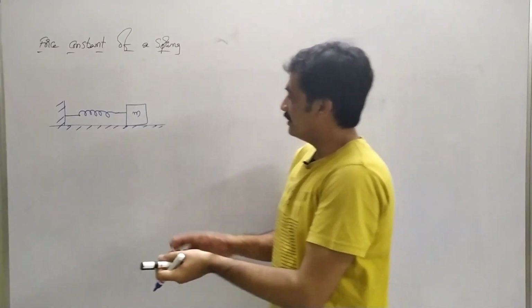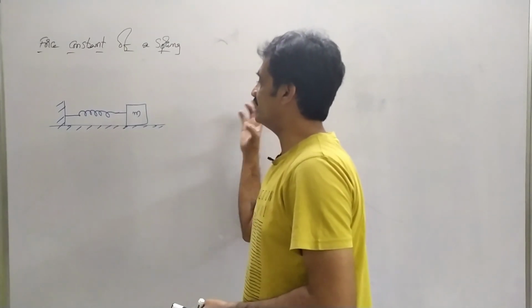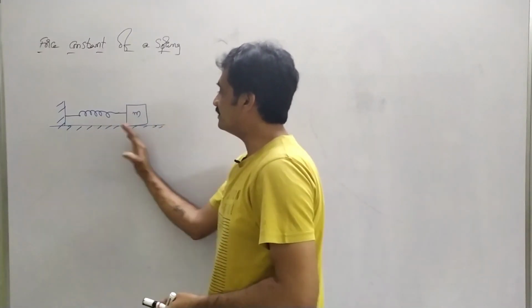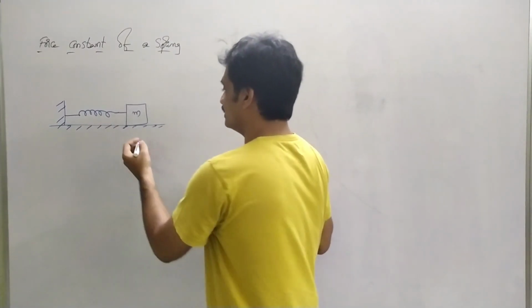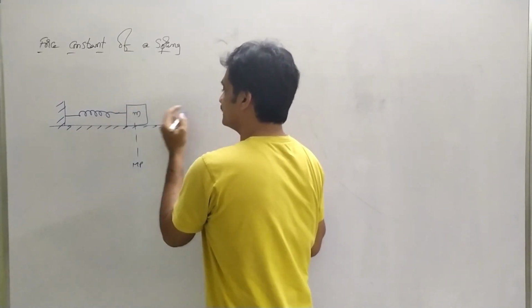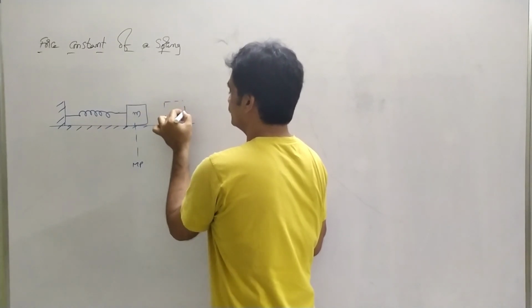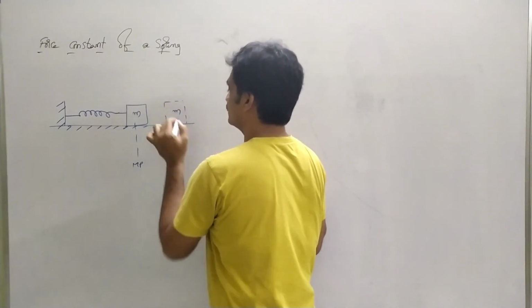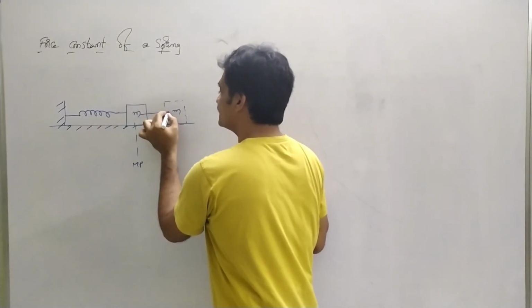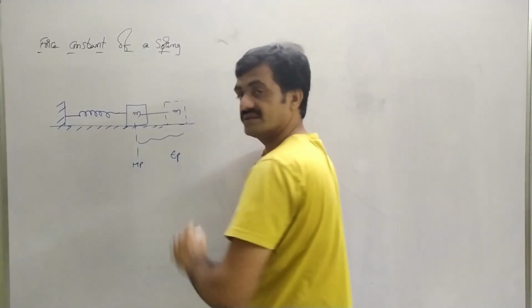When we pull this body in this direction and leave it, it starts oscillating about this mean position. Here we consider it as the mean position, and if we pull the body here, the body reaches this position, meaning the body has been displaced towards the extreme position.